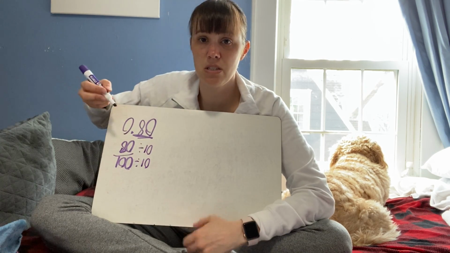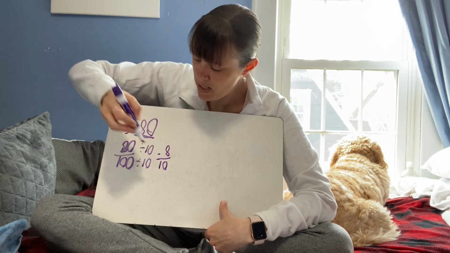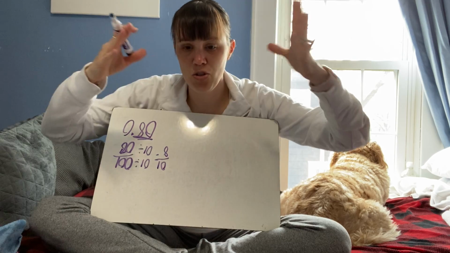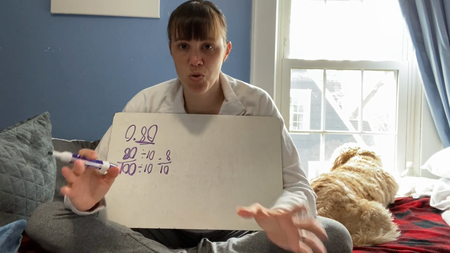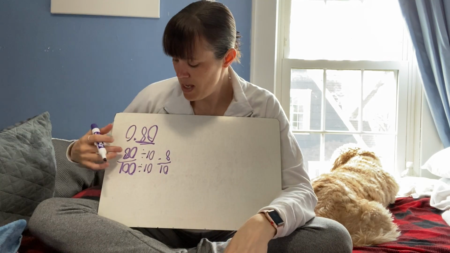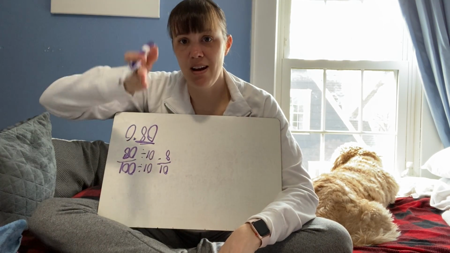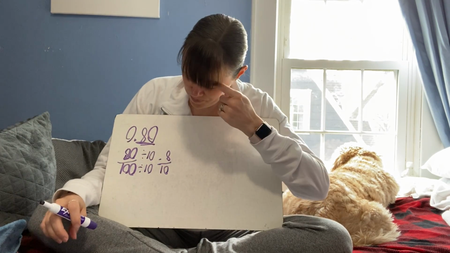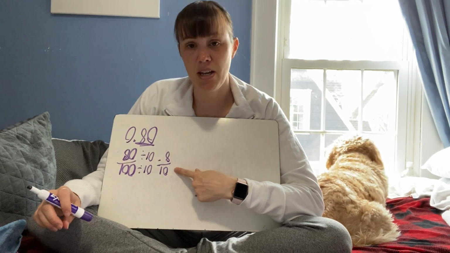So 80 hundredths is the same as saying 8 tenths. You probably didn't even need to divide that. You just know. If you were picturing that giant square that had 100 squares in it, you know that 80 of them means 8 of the columns. 8 tenths, right? So our answer for our fraction is actually 8 tenths.